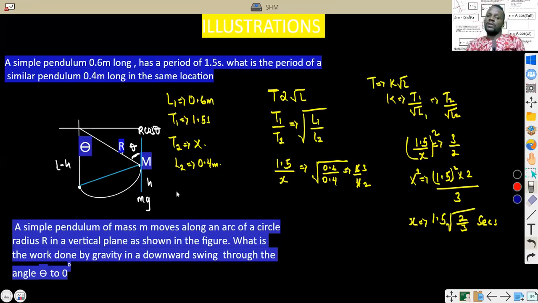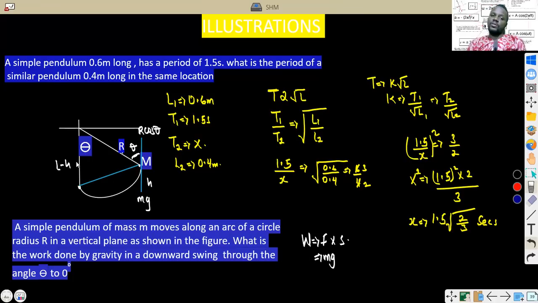And if R cos theta is equal to mg, what I need to know about the length here is that at this particular point, work done equals force times the displacement, which is what I'm trying to do. So force is mg, which you all know because we are talking about weight in the downward direction.